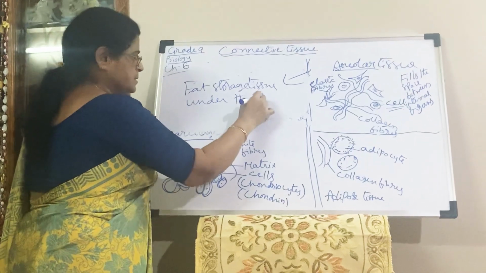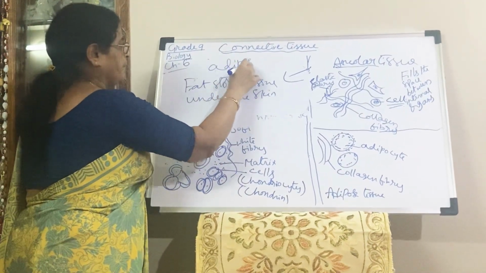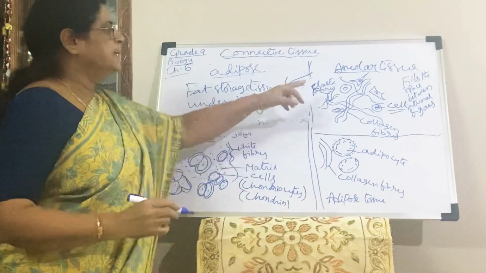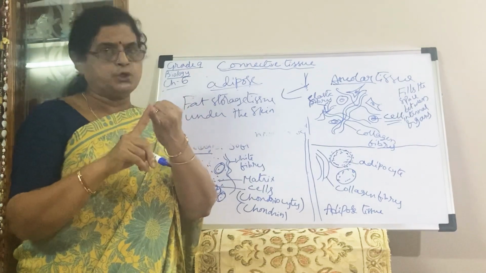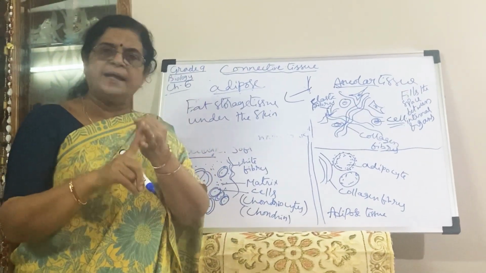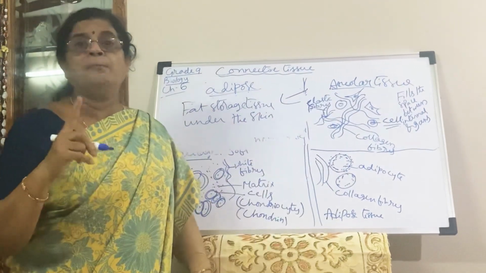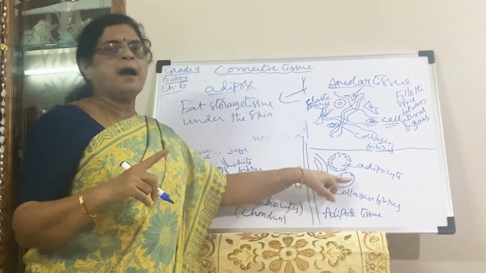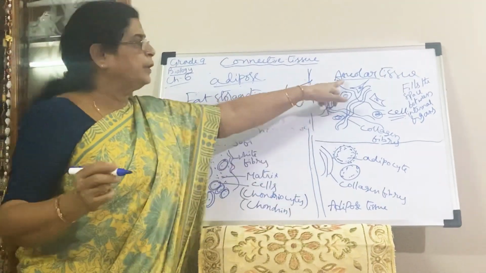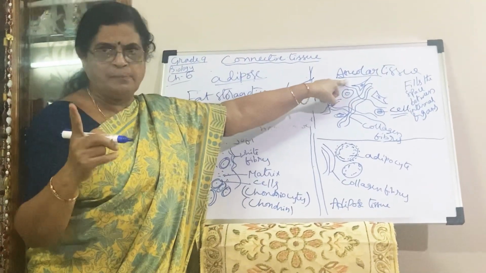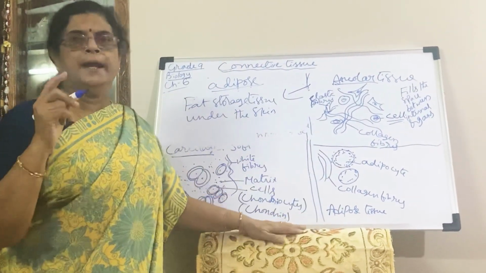See here, the cells in bone are osteocytes, cells in cartilage are chondrocytes, cells in areolar tissue are fibroblasts, and cells in adipose tissue are adipocytes. Areolar tissue cells are fibroblasts, and they have fibers; adipose tissue contains adipocytes.